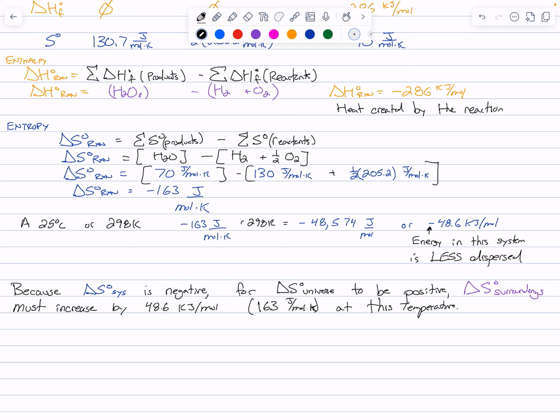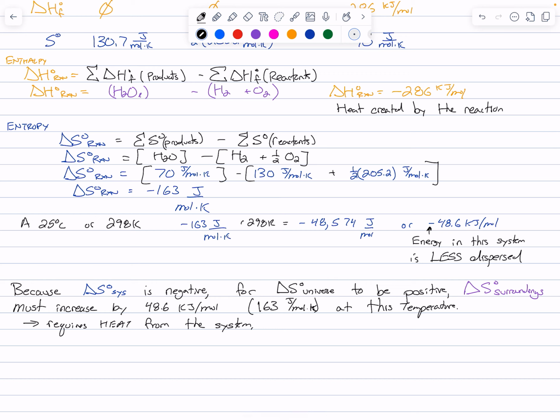So at 298 Kelvin, it's 48.6 kilojoules per mole. If I have 1 mole of hydrogen reacting with half a mole of oxygen, the surroundings need to increase in energy by 48.6. This requires heat from the system.